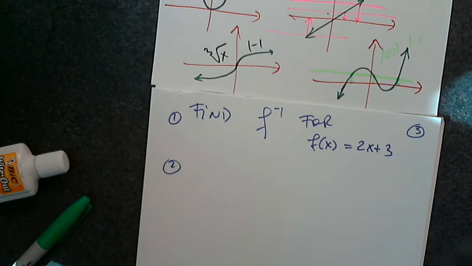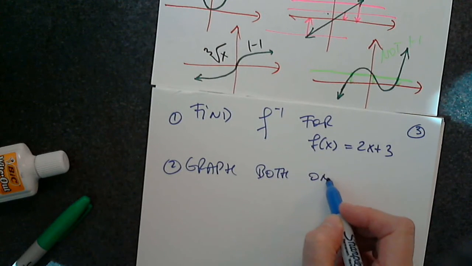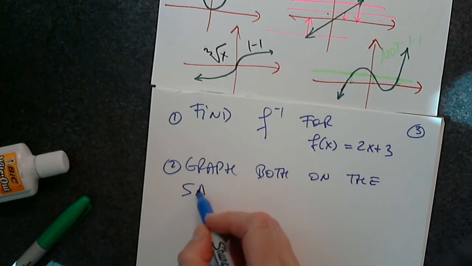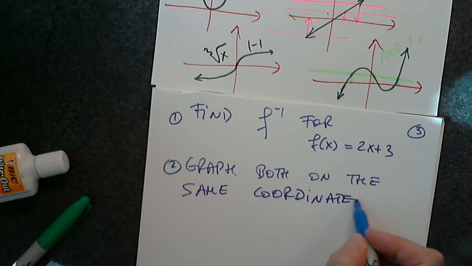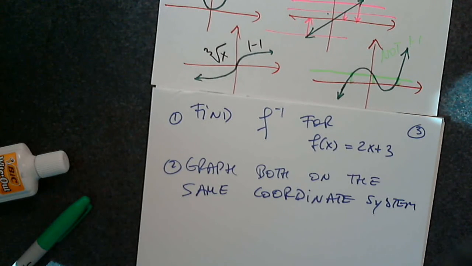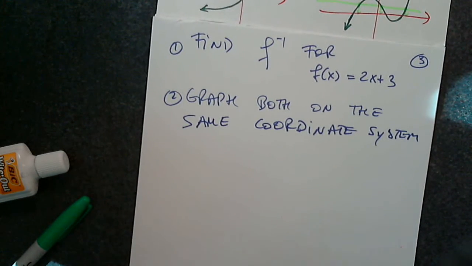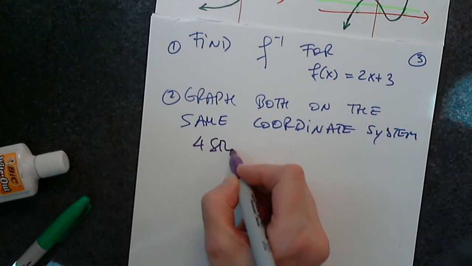Number 2, graph both on the same coordinate system after we find the inverse function. Again, it's a 4-step procedure like the completing the square. Just the fact that there are 4 steps that we need to go through.